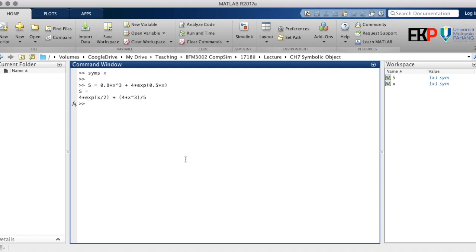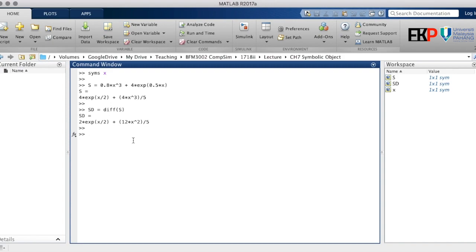So this is our symbolic expression, and then let's say we differentiate this as d. The differentiation of s is equal to diff of s. We have this, and then now we want to substitute the value of x in this equation d to be equal to 2, so that we will get a numerical answer.